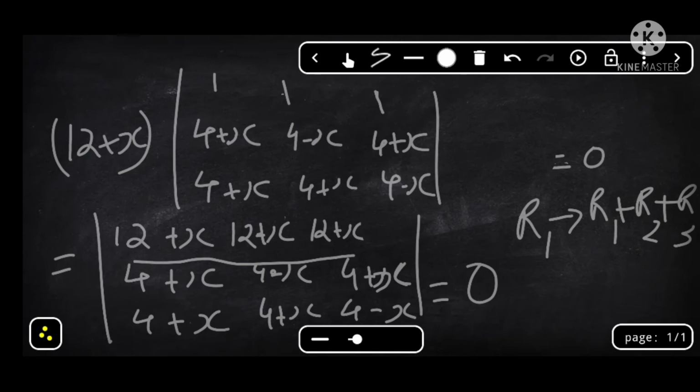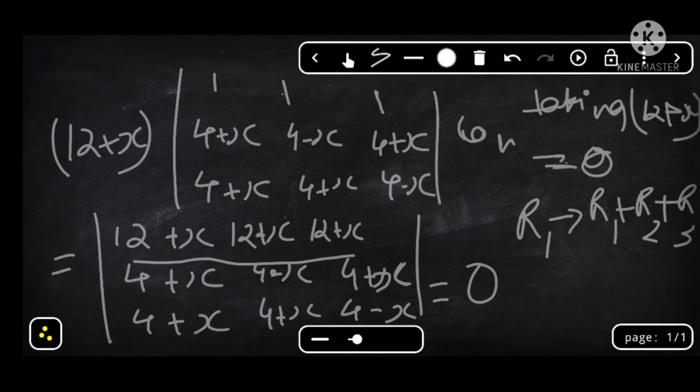Okay, that is equal to 0. Okay, so you have to write taking 12 plus x common from R1. You have to mention. Okay. Yes.